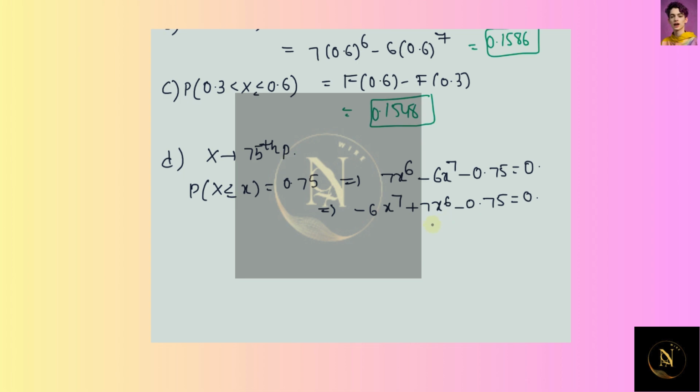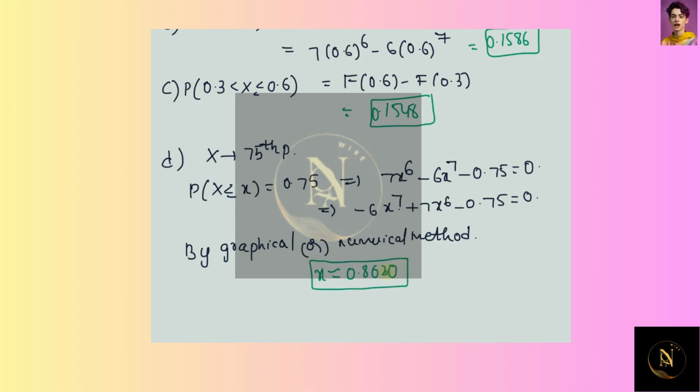This is a polynomial equation with degree 7, so it cannot be solved directly. Either by graphical or numerical method, we can calculate. From those methods x is approximately 0.8620. This is the 75th percentile.